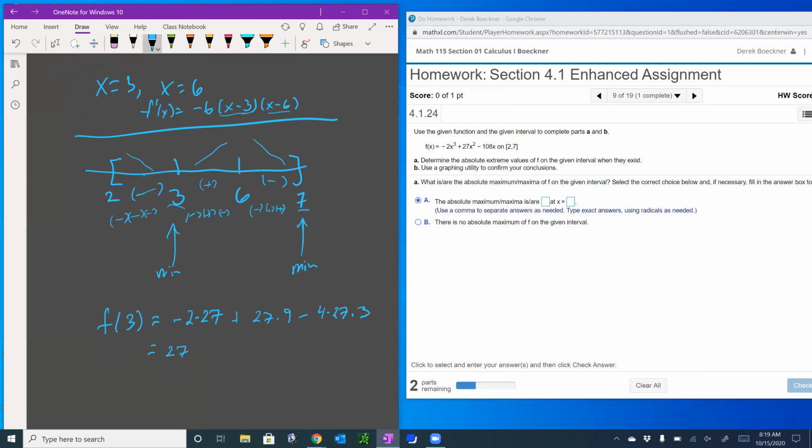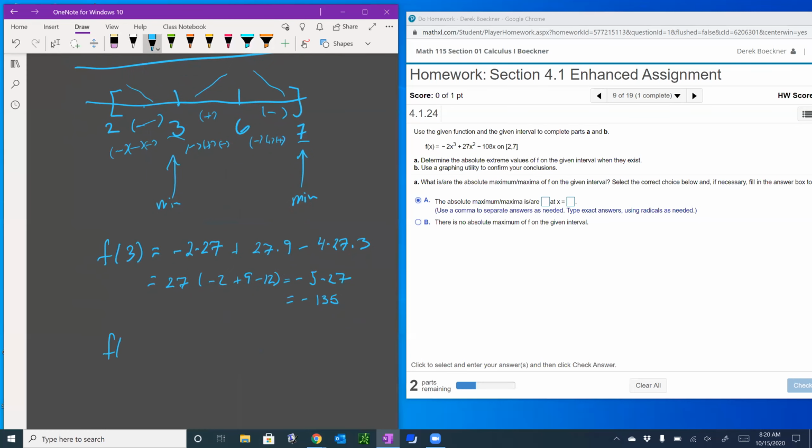So it's going to be 27 times -2 plus 9 minus 12, which is going to be a negative. What is that? 7? No, minus 5. Minus 135. Yeah. Okay.